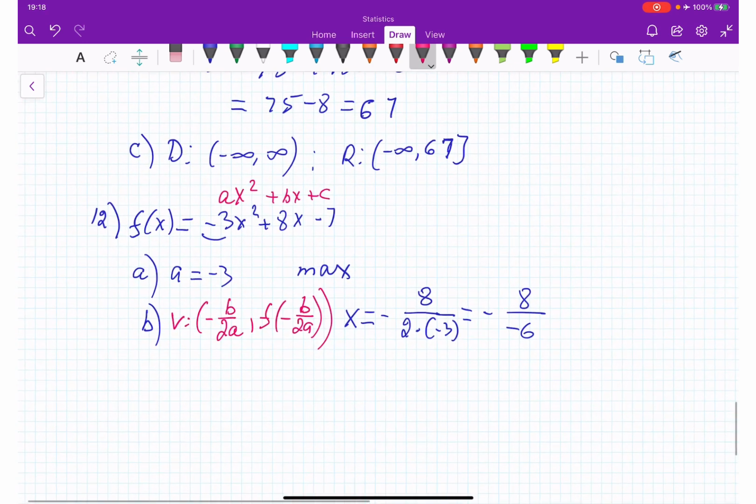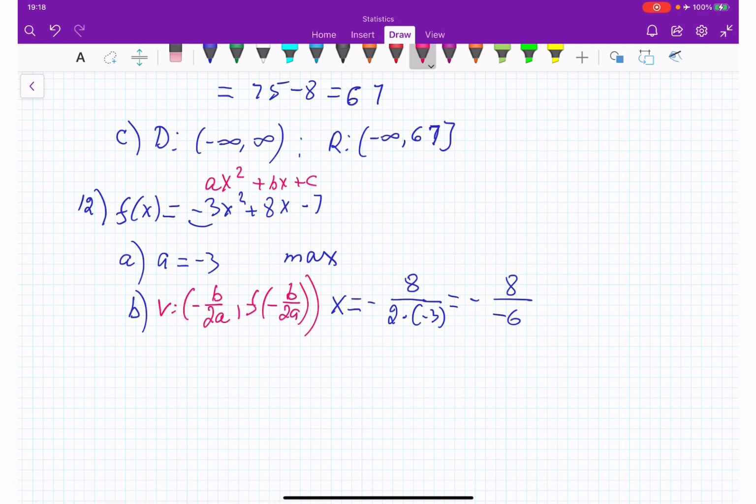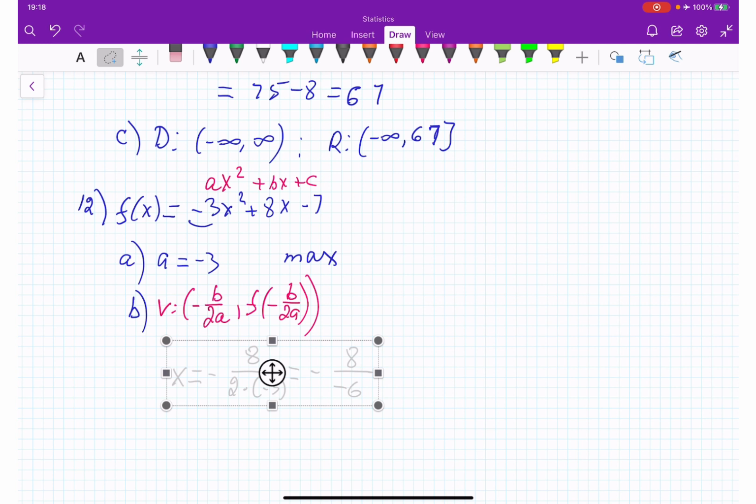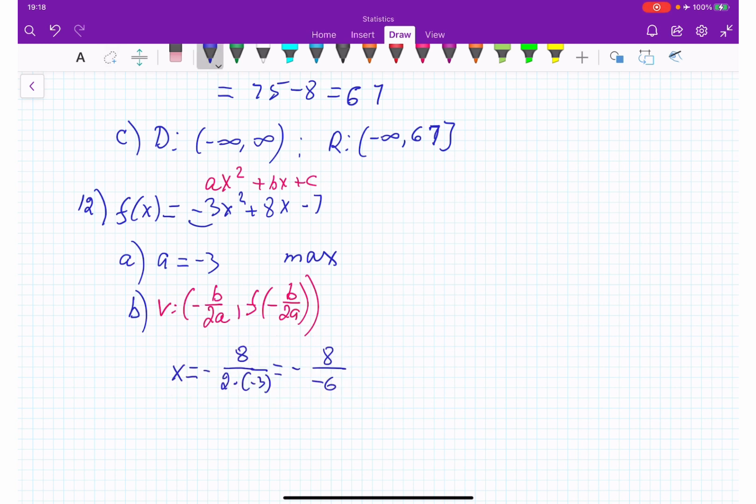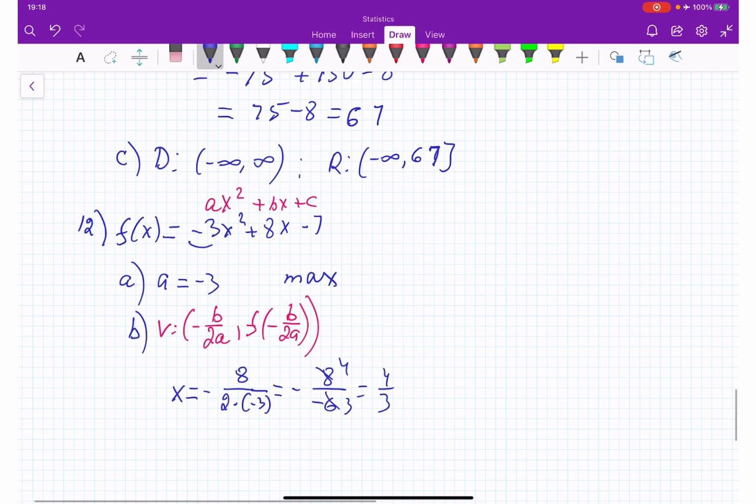Okay, and here we are getting, this is 3, this is 4, x is going to be 4 over 3, 2 times, okay, I was wondering why I got a fraction.